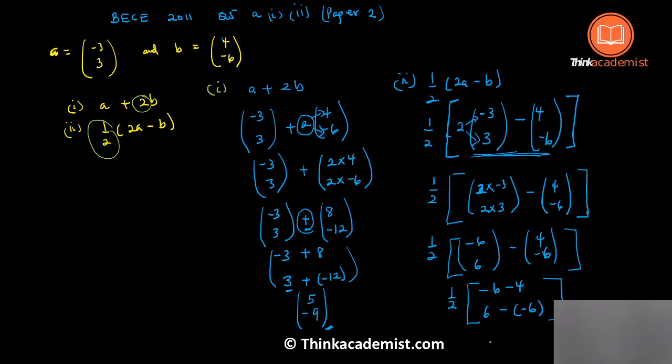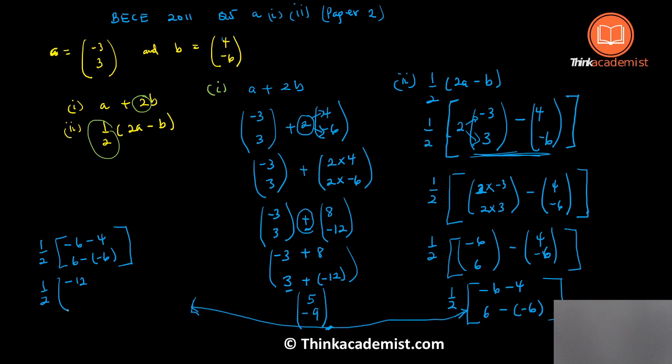There's no space, so I'm going to send this to this side. Okay, sorry about that. So the continuation, let me just rewrite that quickly. Parenthesis, -6 minus 4, and then 6 minus (-6). So solving that, we'll have half of (-10, and then negative negative, brackets means multiplication, so that's positive, so that's going to give us 12).